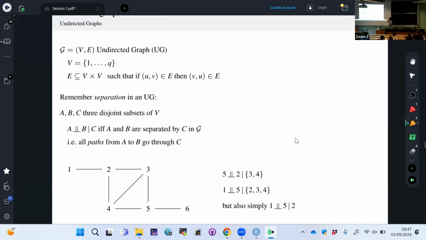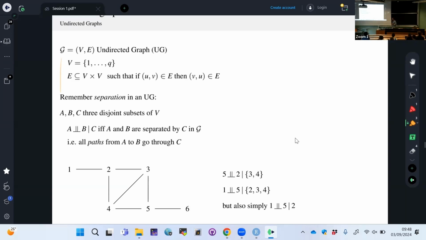Okay, so remember what you said yesterday. If you have an undirected graph G, this is a pair (V, E), with a set of vertices and a set of undirected edges, such that if we have (u, v), we also have (v, u), okay? So equivalently, we can say that the adjacency matrix of this graph is symmetric.